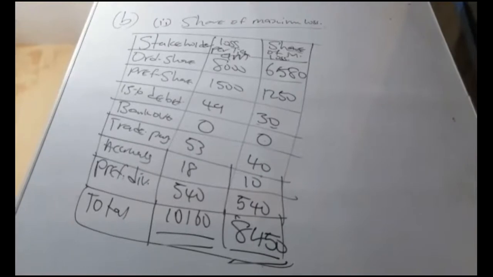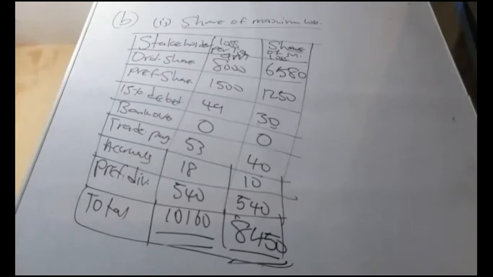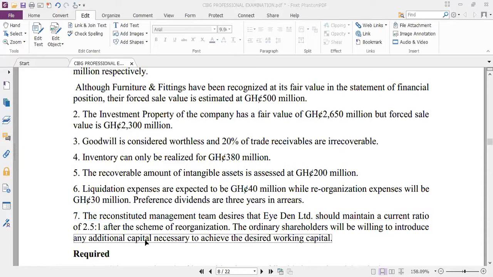Resource requirement, good. Please, here is a bit technical, so look at how you are going to do it. You're going to make use of this note very well. The last note: the reconstituted management team desired that IAD Limited should maintain a prudent current ratio of 2.5:1 after the scheme of reorganization.